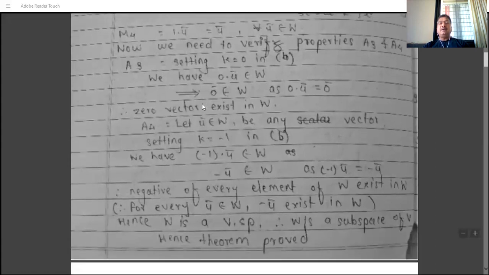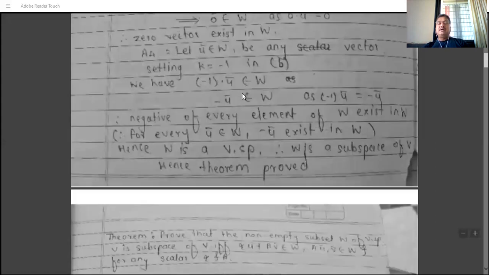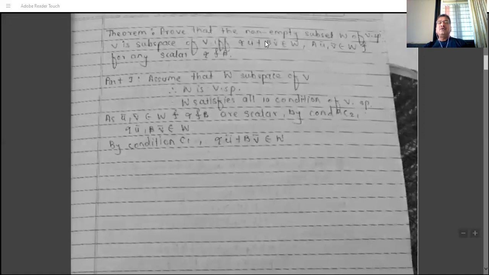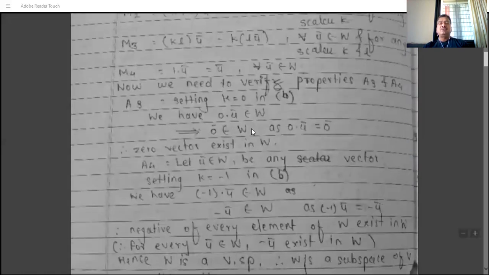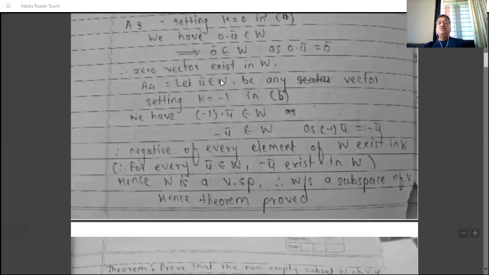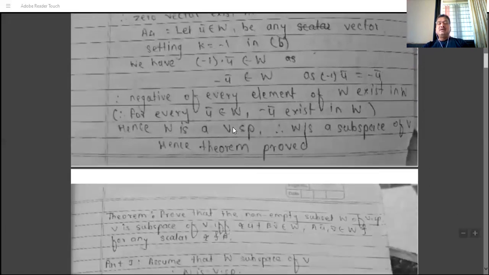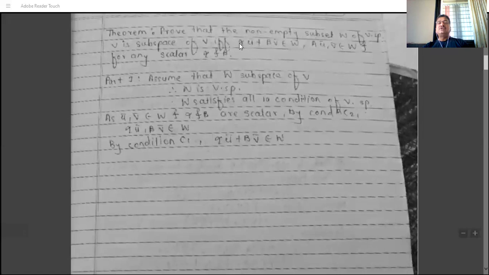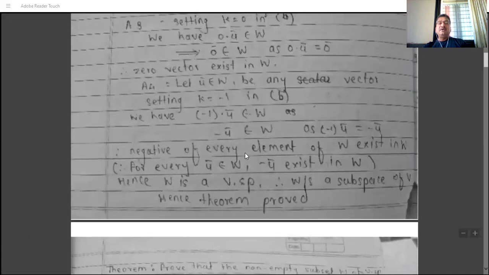For the A3 property, set alpha equal to 0 and beta equal to 0. So 0 bar plus 0 bar means 0 bar belongs to W, that is the zero vector is in W. And for the A4 property, for U bar any element of W, setting alpha equal to -1 and beta equal to 0, we have minus U bar belongs to W, and therefore the negative of each element of W exists in W, and therefore W is a subspace.